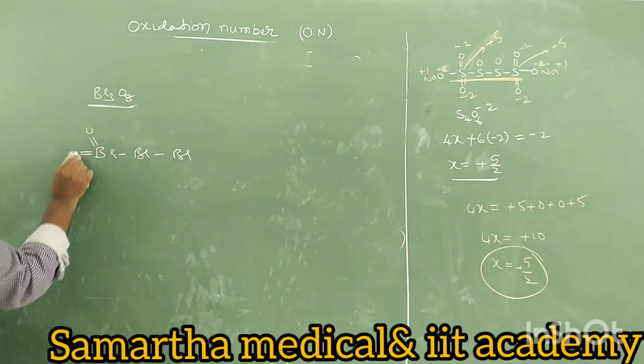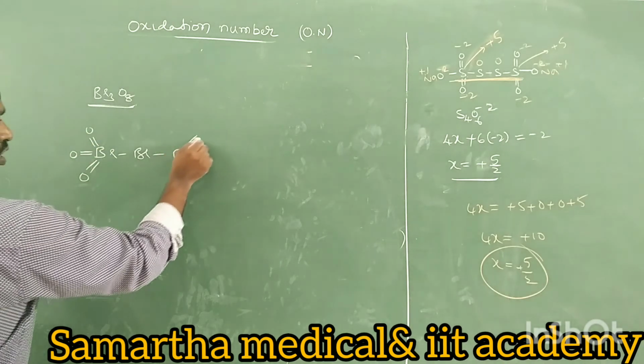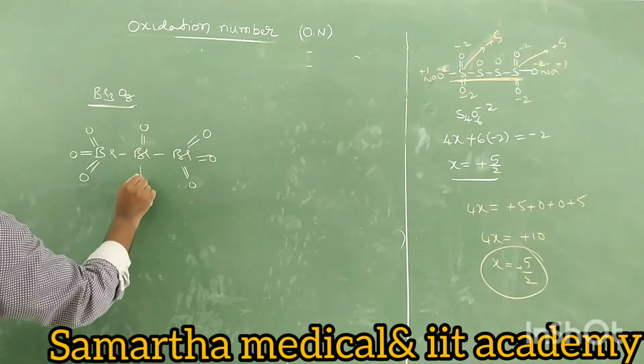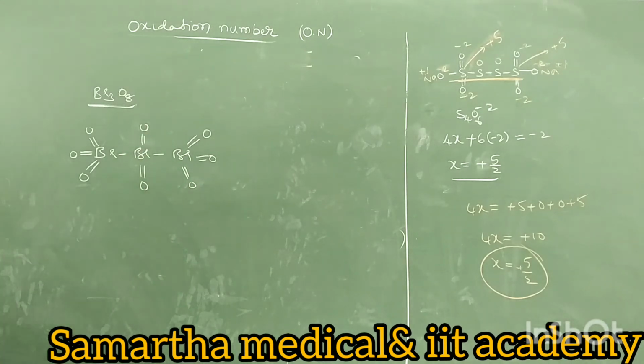Its name is tribromooctaoxide. It was a 2019 NEET question, from just last year.